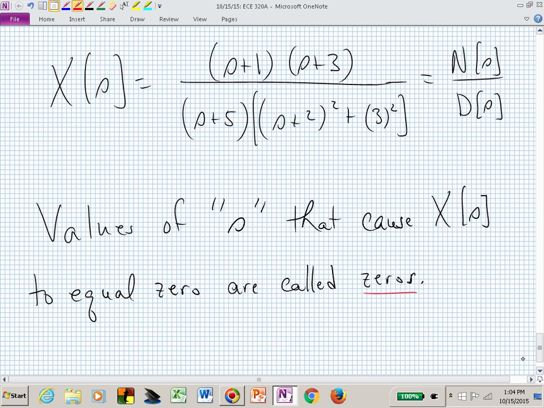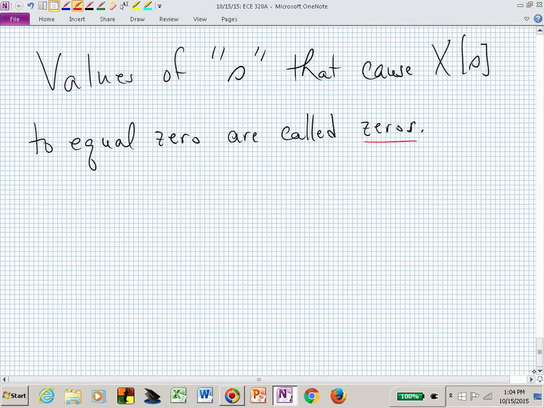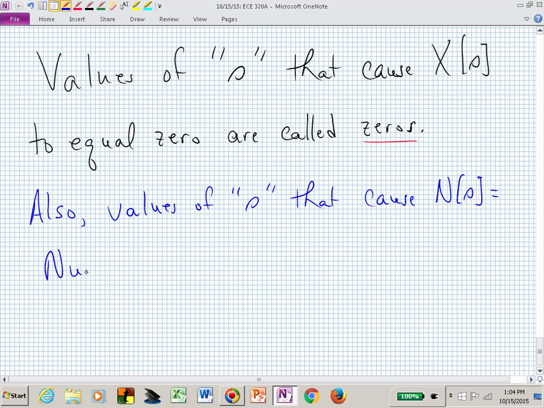Also, values of S that cause the polynomial capital N of S, which is equal to the numerator of capital X of S, to equal 0.